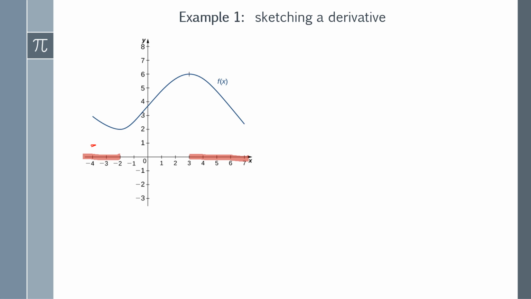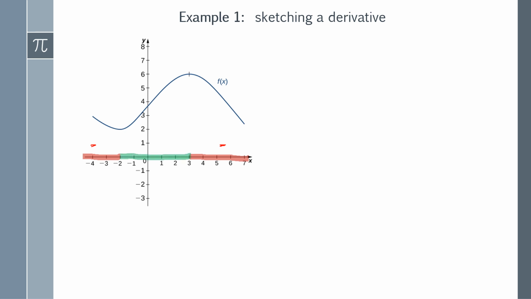So negative over here and over here. And that is where our derivative will also be negative, which should correspond to the graph of the derivative function being below the x-axis.